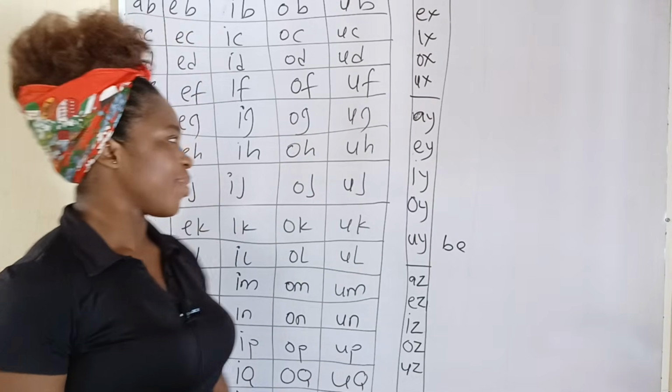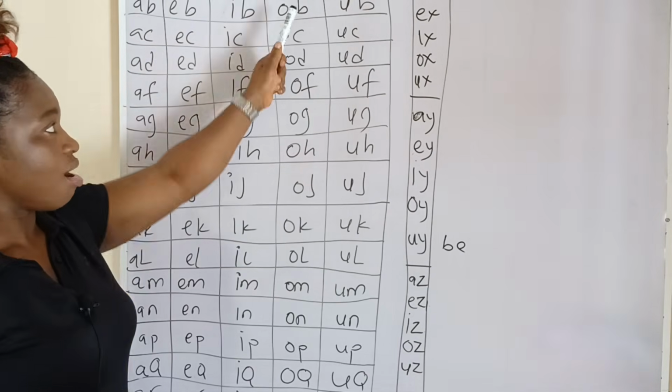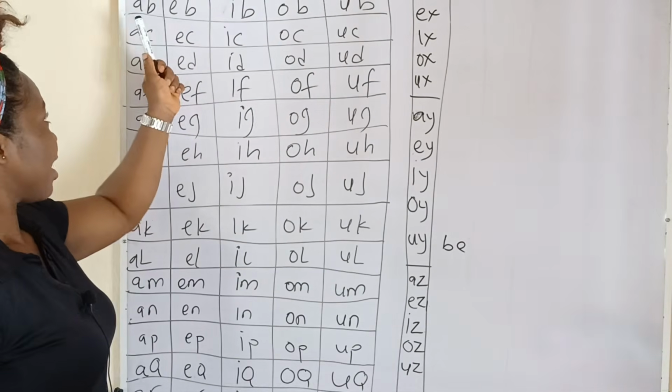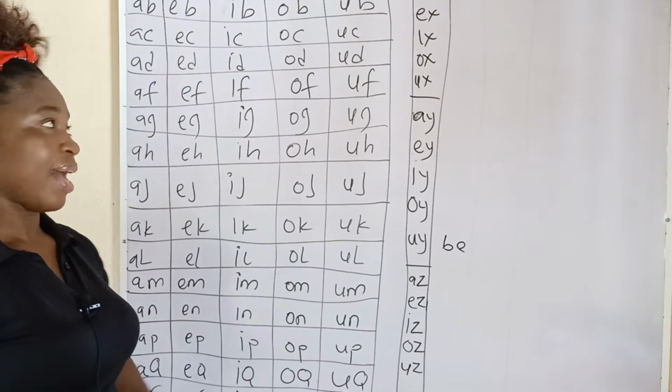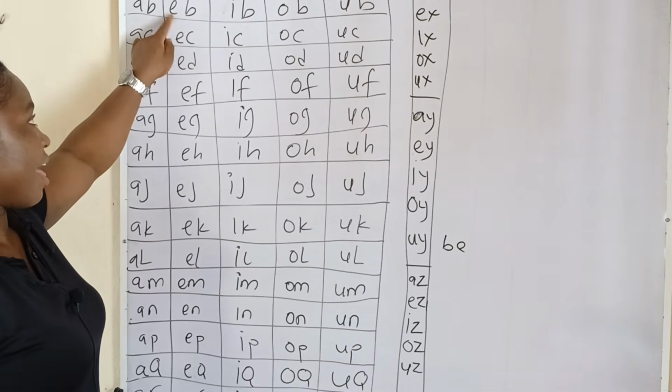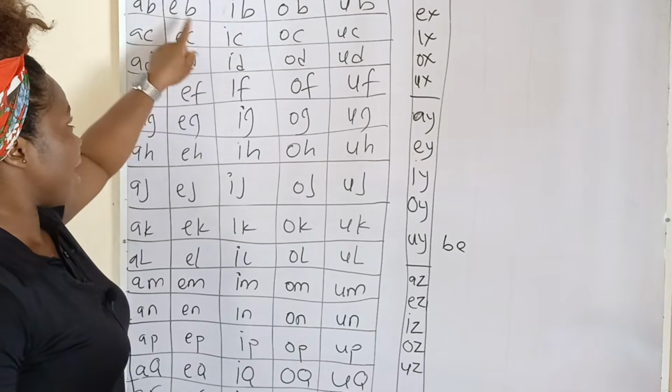So let's go. Ab, eb, ib, ob, ub. Remember, a, e, i, o, u. Then we have b.